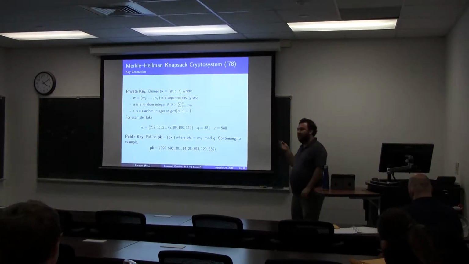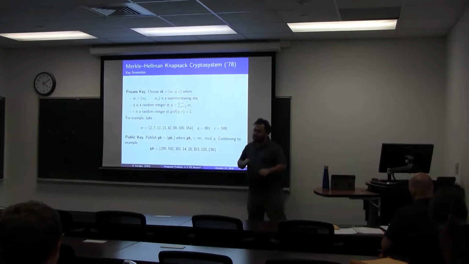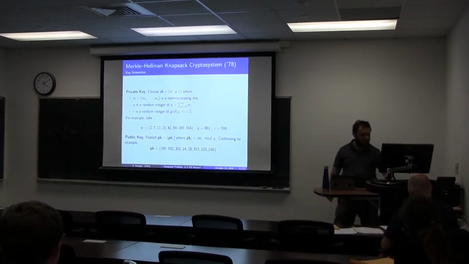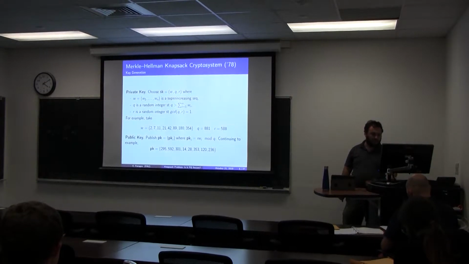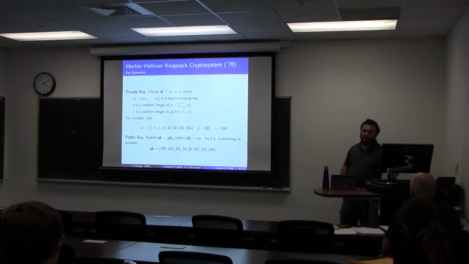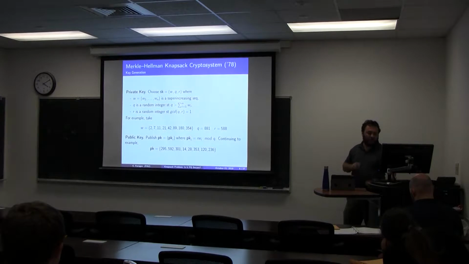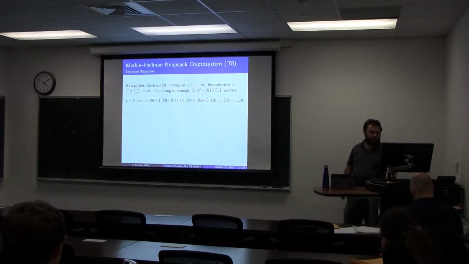It seems like a random sequence. That's why you hide the super increasing property of w by multiplying all the elements by r to get this public key.